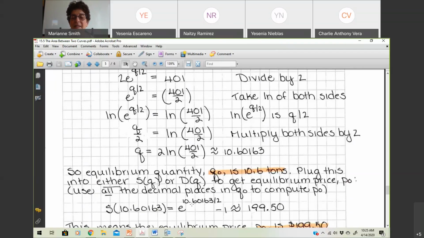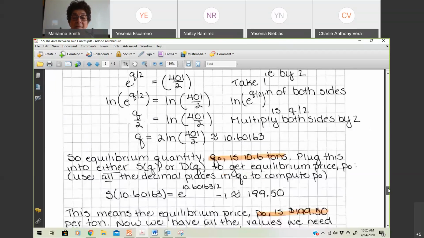So notice I'm plugging in 10.60163, which is my entire value that I got for Q0. And this gives me an equilibrium price of $199.50 per ton for the oat bran, when 10.6 tons is demanded.